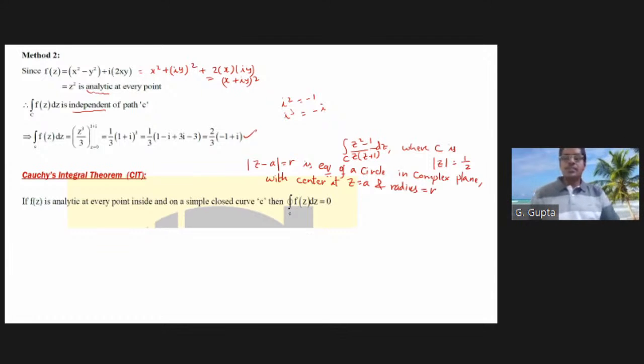Unit circle means radius equal to 1. By default, we take mod z is equal to 1 if the center is not mentioned.